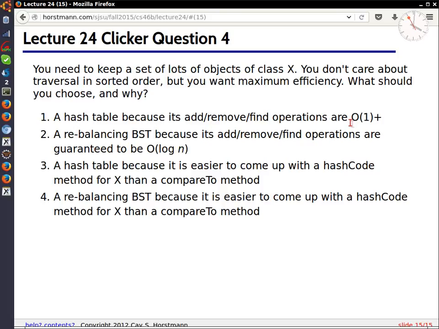Oh, and four, I messed it up. 4 is compared to then a hash code.